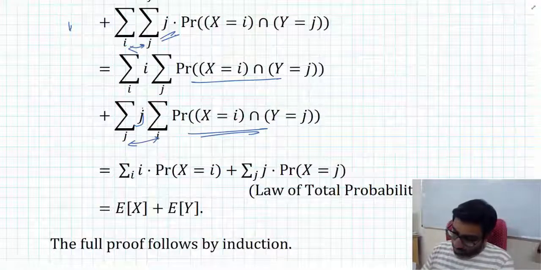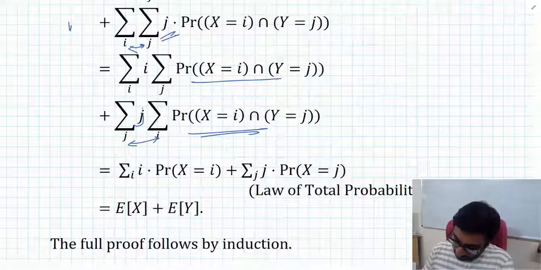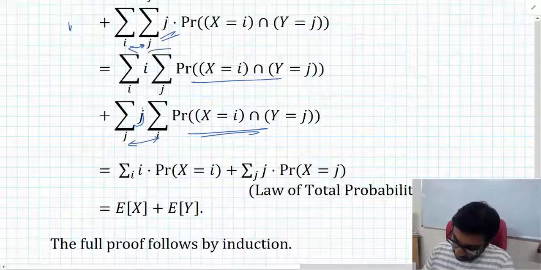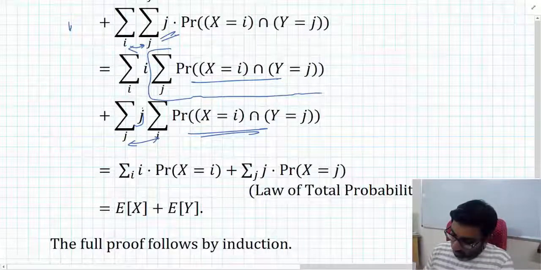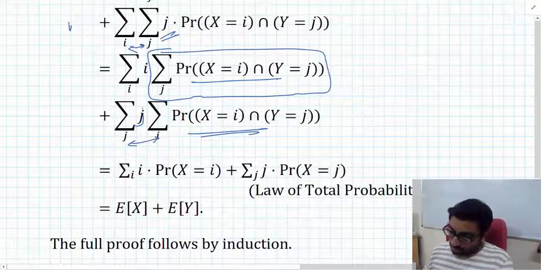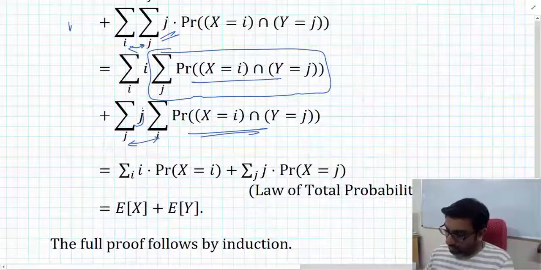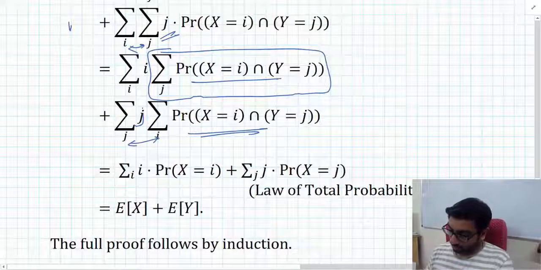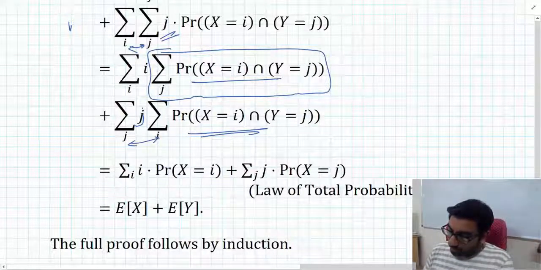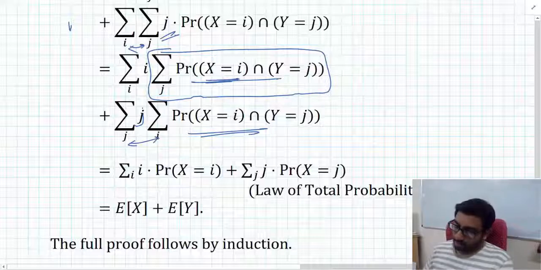Now here's something interesting. Let's look at this particular expression to understand what's going on. This is a summation over several j values, values that y can take, and inside of this summation, the event x equal to i is unchanged.